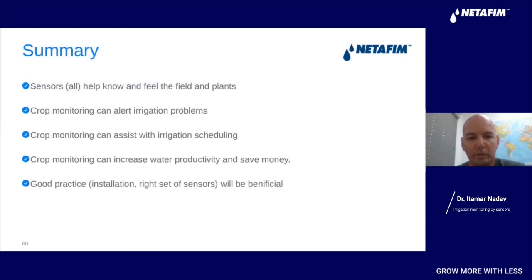Crop monitoring can assist with irrigation scheduling, and we can plan and do the irrigation based on the sensor readings. Crop monitoring can increase water productivity and save us a lot of water and money. And good installation practice and the right set of sensors can be beneficial for the farmers.